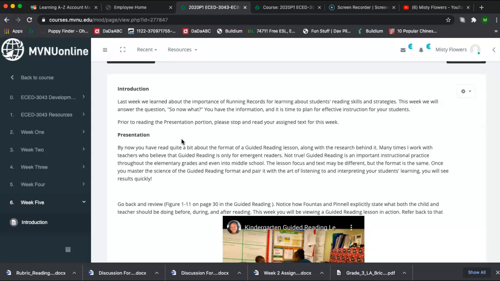Okay, at this point, you have read quite a bit about the format of the guided reading lesson, along with the research behind it. Many times I've worked with teachers who think that guided reading is only for emergent readers. Not true. It is an instructional practice that's used throughout elementary and even into middle school.